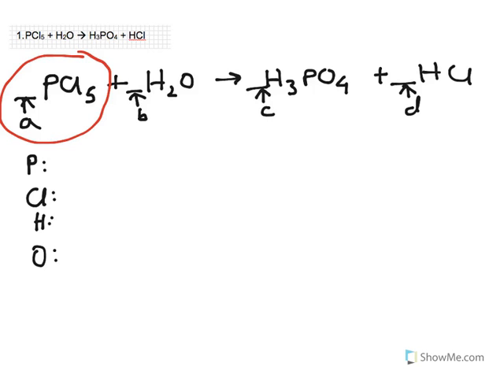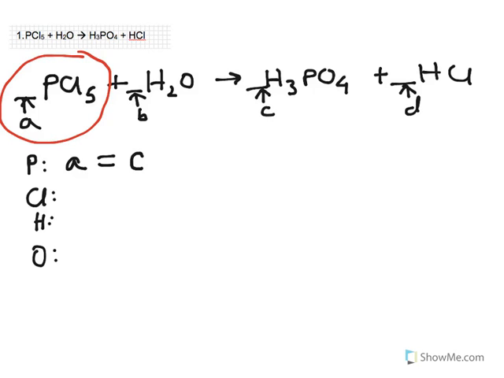So, in the case of phosphorus here, we have 1 phosphorus on the left side of the equation, so we will have A, or 1A. This will be equal to the phosphorus on the right side of the equation in H3PO4, which is also 1 phosphorus, so we will have C. That's our first equation.